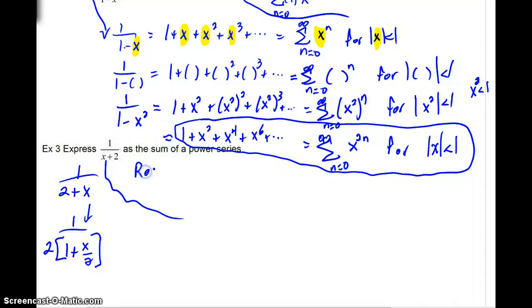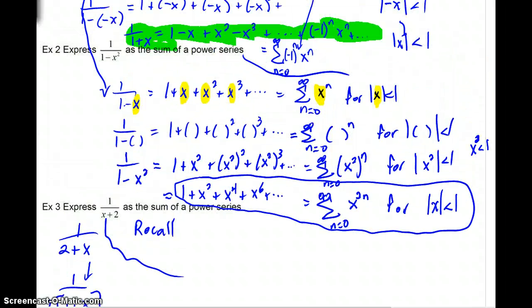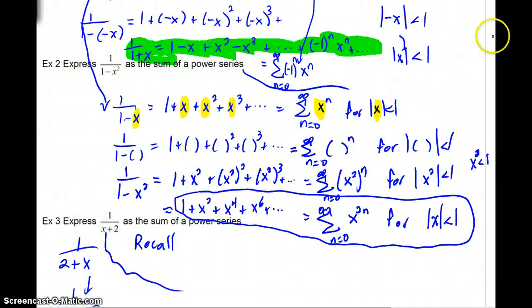I'm going to say recall the formula where we have 1 plus x in the denominator. Look up above. In example 1, we derived such a formula. It's coming straight from this geometric series. This is where it's an alternating series, of course.